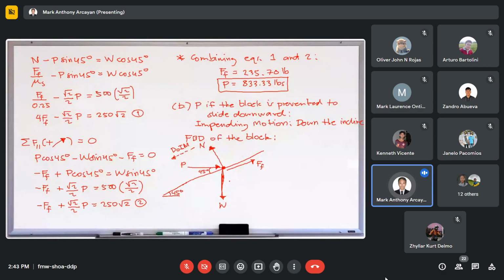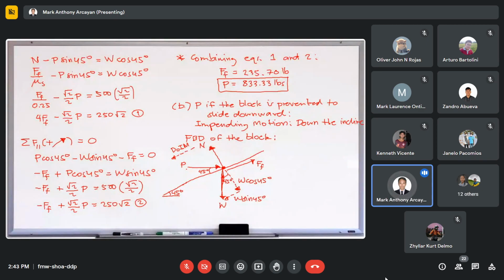Then, ato i-resolve ang mga component sa weight nga normal ug parallel. So, mao na siya ang normal component sa weight, then mao ni iya parallel component. Ang angle ani is the same sa angle of inclination, 45 degrees. So, this is W cosine 45 degrees. Then, kaning side is W sine 45 degrees.